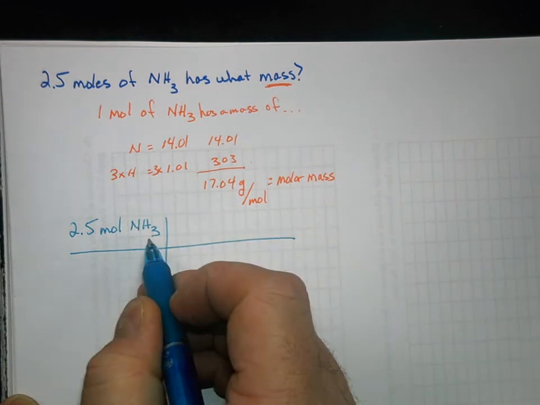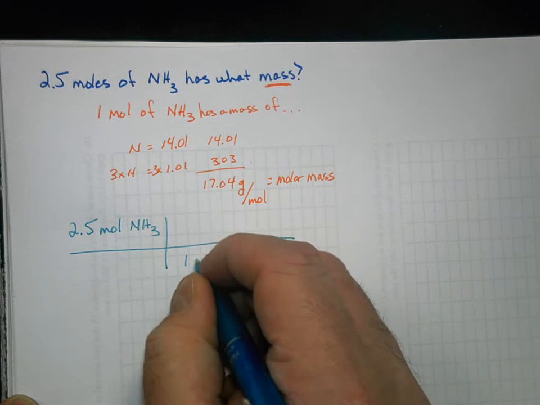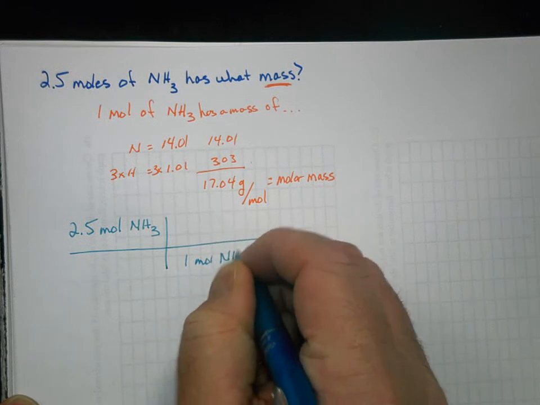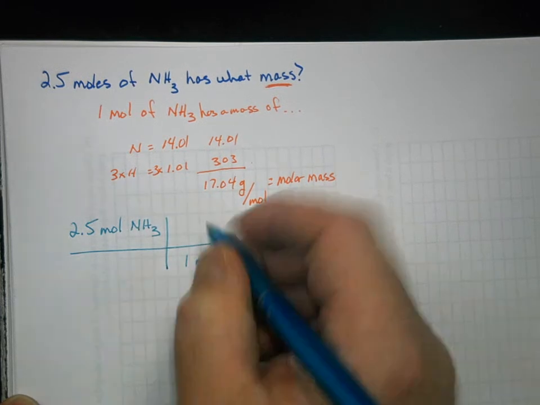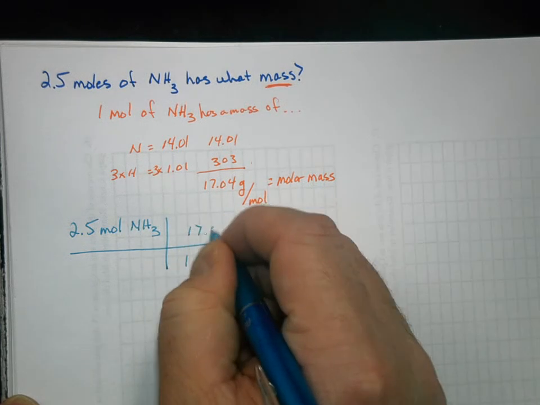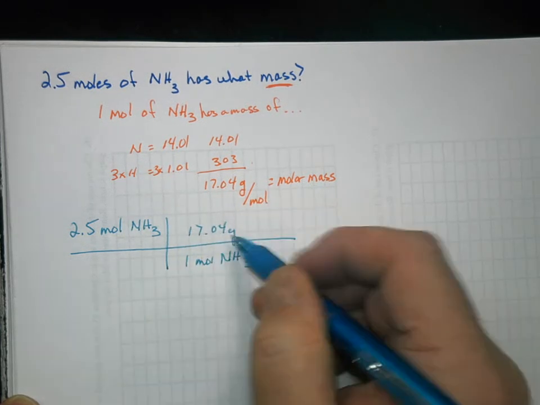We know that each mole of NH3 has a mass of 17.04 grams.